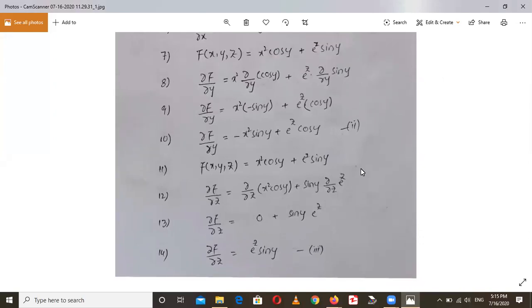Now, see, look here. In this term, is there any term z? No. So this whole will become a constant, and the derivative of a constant is equal to 0.